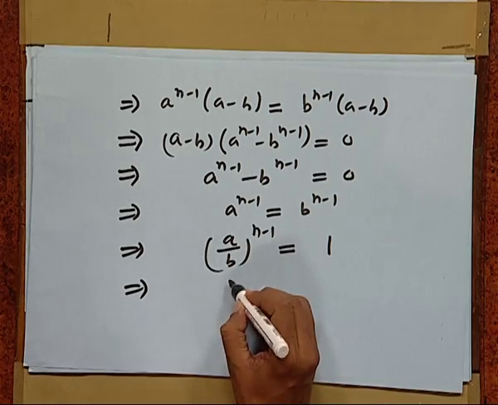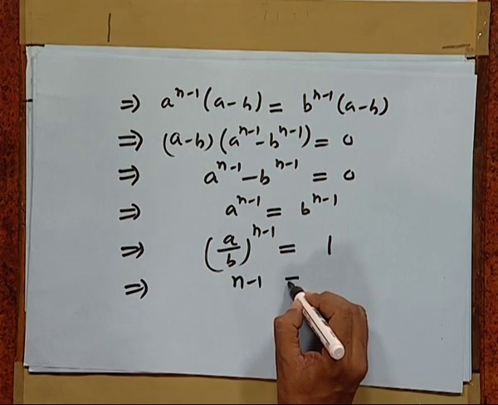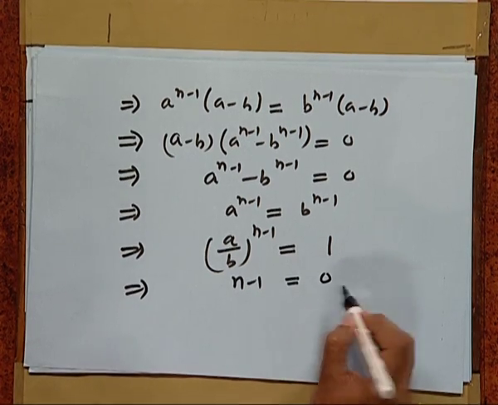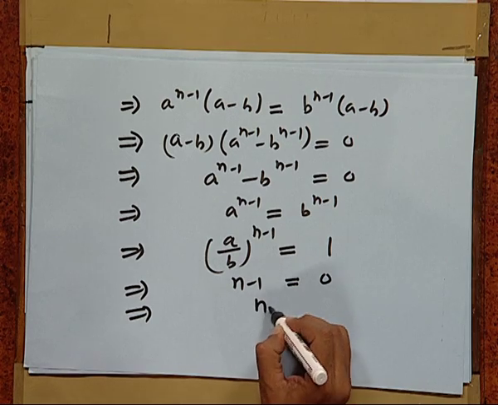Now you know any number raised to power 0 is 1 and no other index has this property. So this implies n minus 1 is equal to 0 and this means n equal to 1. So this gives the answer for the value of n in the given problem.